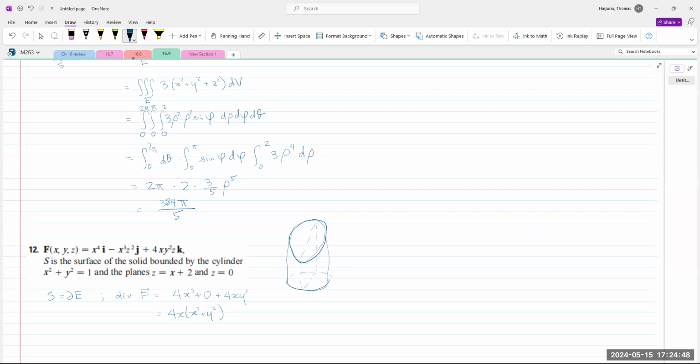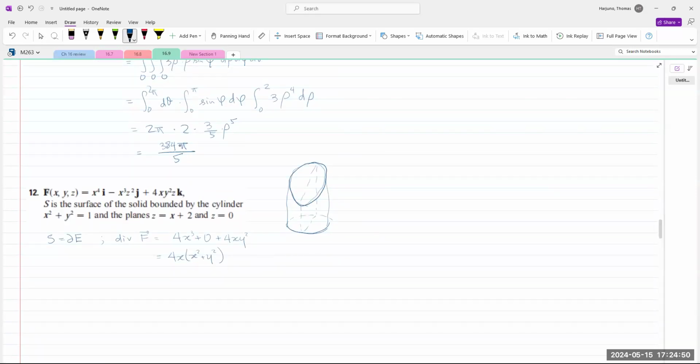Okay. Now then, therefore the double integral over surface S of F dot dS equals, by the divergence theorem, the triple integral over solid E of 4x (x squared plus y squared) dV.